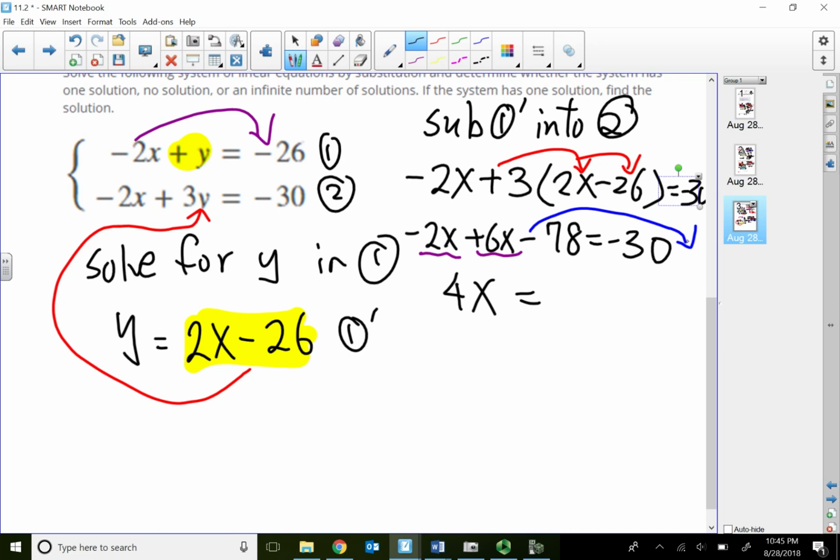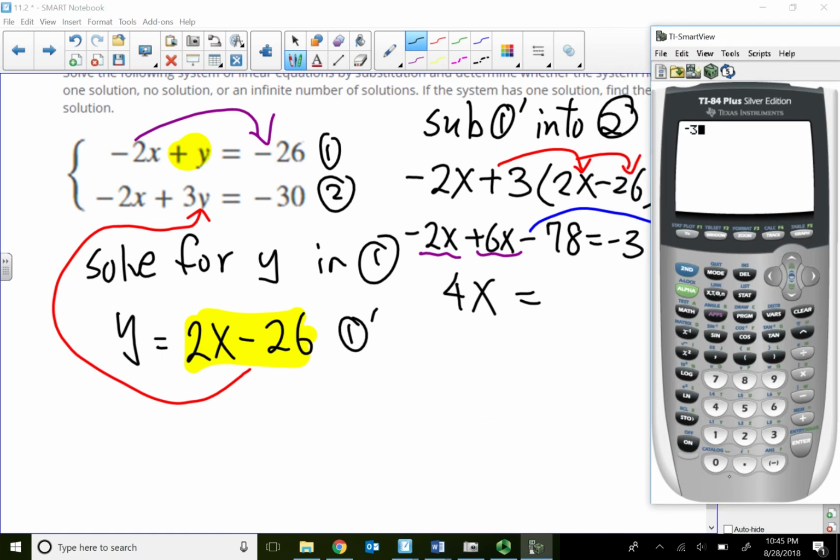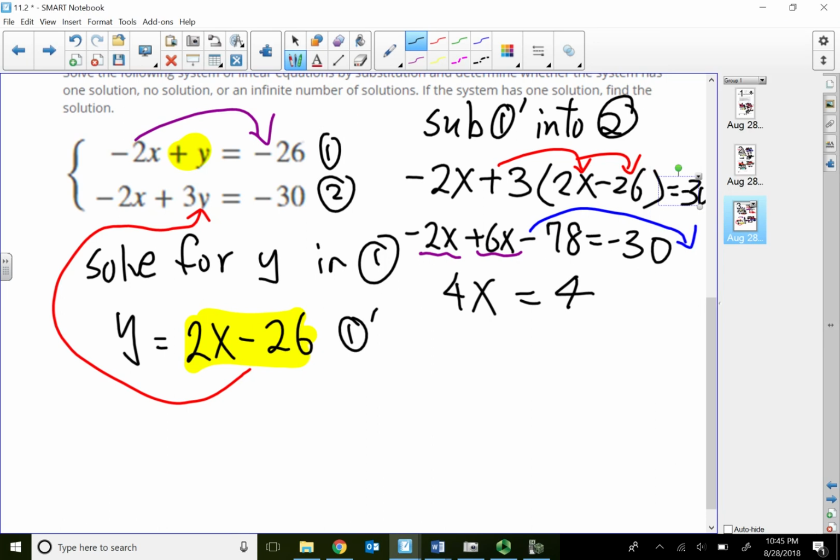So negative 78 comes over and becomes positive. In the calculator, I had a negative 30 here, right? When negative 78 comes over, it becomes positive 78. So negative 30 plus 78 gives me 48. Positive 48. So when I divide both sides by 4, my answer is x equals 12.